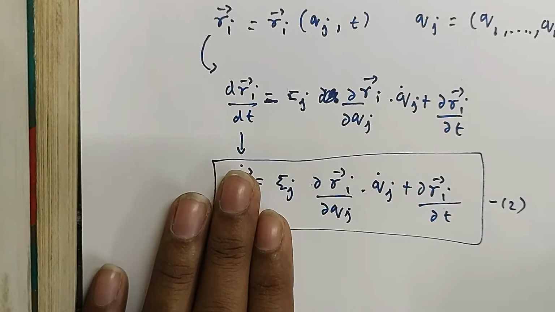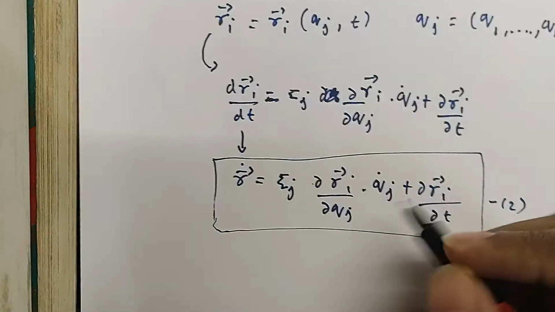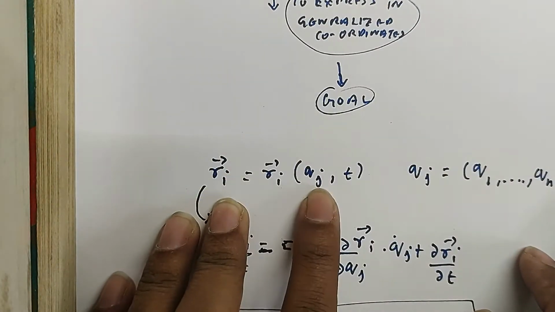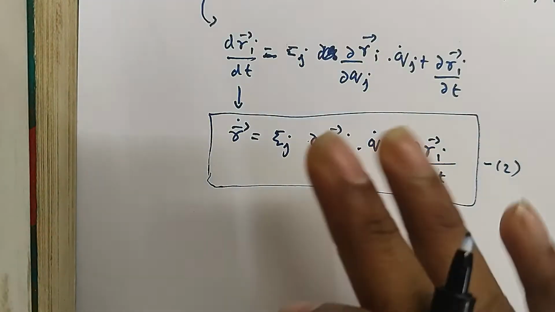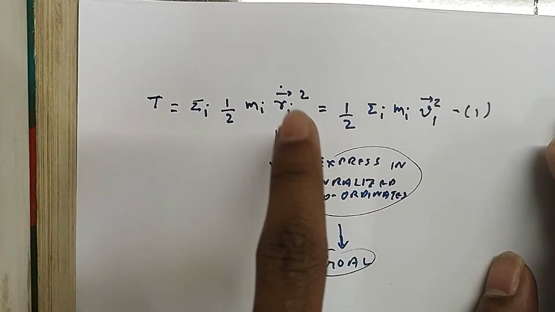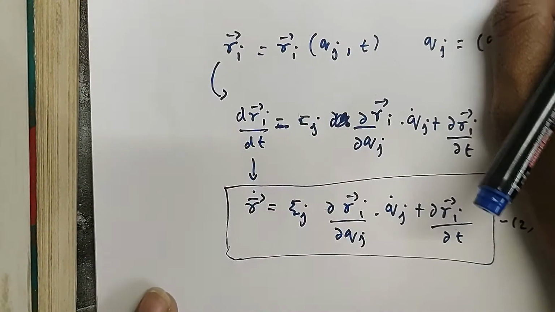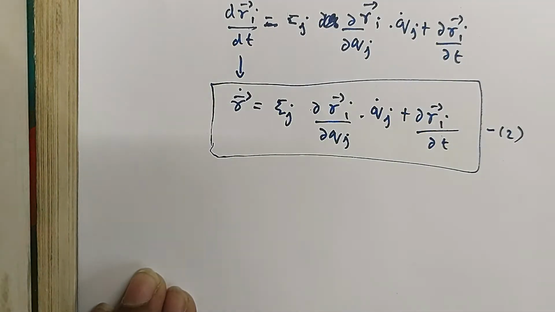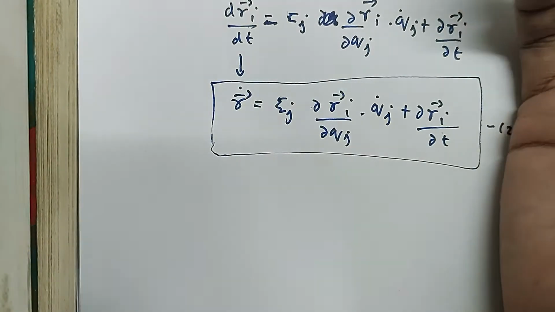We got the velocity in terms of generalized coordinates as well as time, because our coordinates are functions of generalized coordinates as well as time. So I'm going to square it. I got velocity; if I square it, I can substitute this in the kinetic energy expression. So let's do that.